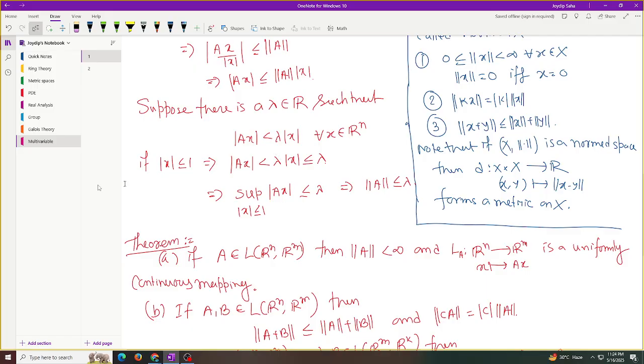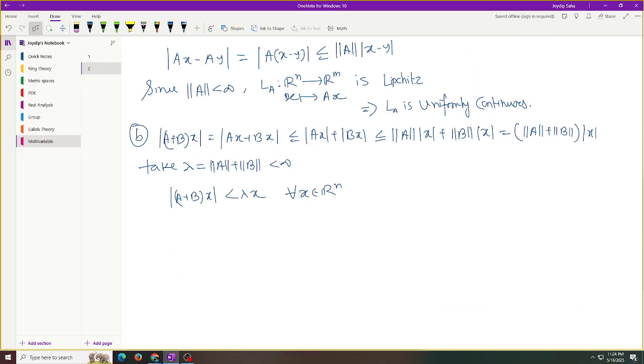Use this observation. Then what happened here? Norm (A plus B) is less than or equal to lambda, that is equal to norm A plus norm B. So B is done.